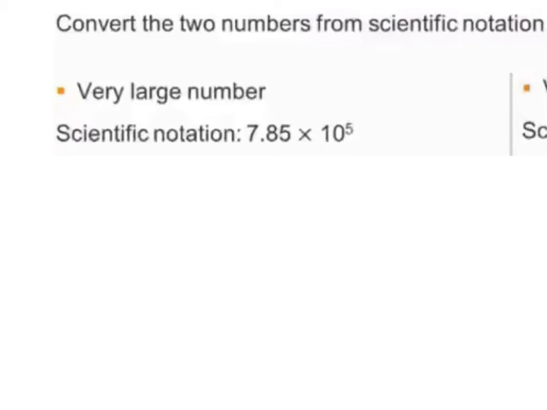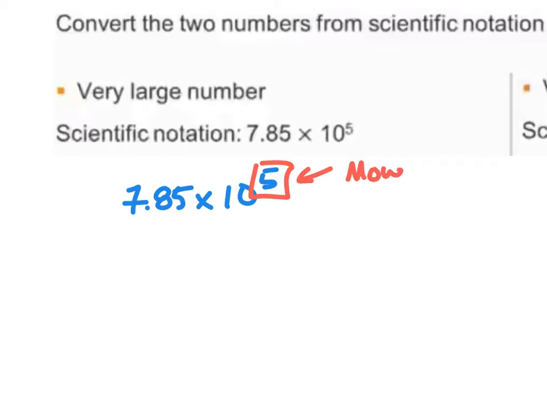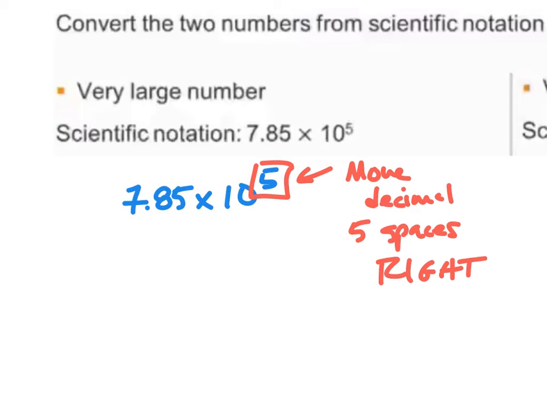If I take this very large number, 7.85, and I want to convert it into standard notation, notice how I have 5 as my exponent. What this means is that we're going to move the decimal 5 spaces right.